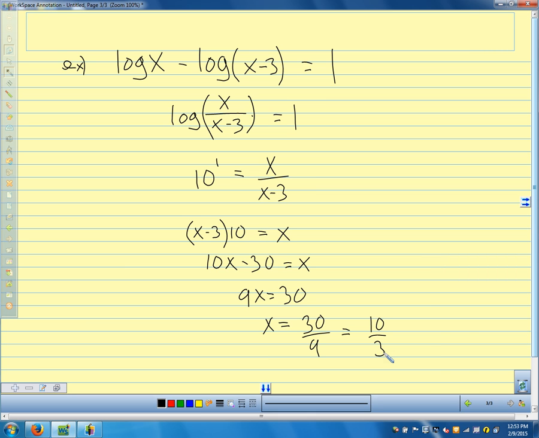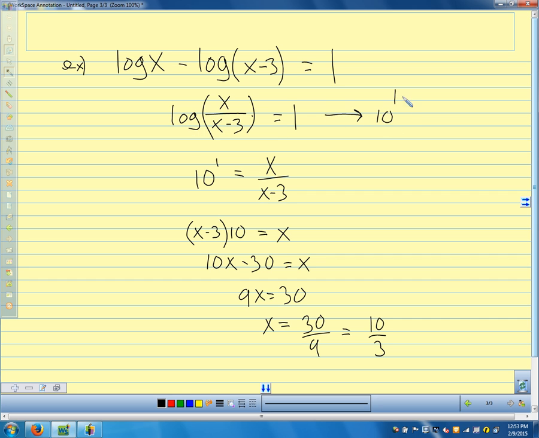How did you go from here to here? I rewrote this in exponential form. So this is log base 10, so then I just rewrote it in exponential form. So 10 to the 1 equals x over x minus 3. And you could also think about it as raising, since our base is 10, 10 to the power of both sides.